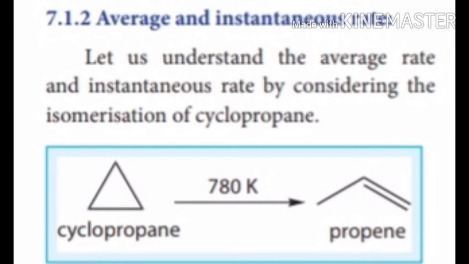Cyclopropane has 3 carbons present with single bonds, alkane, a closed aliphatic ring system. At 780 Kelvin, cyclopropane reacts to give propene, the product, with a double bond, alkene, with 3 carbons present.